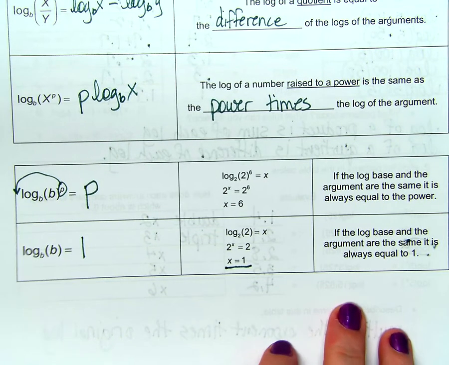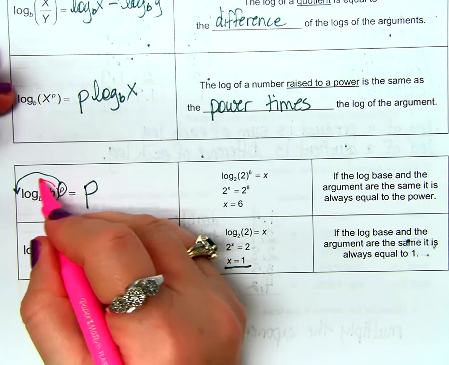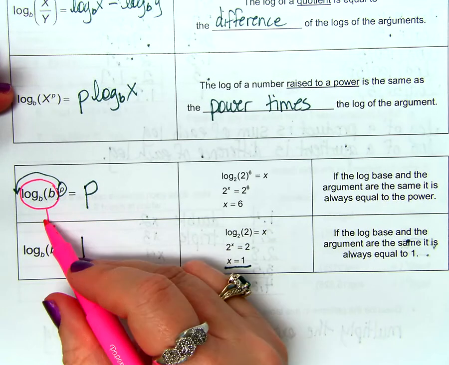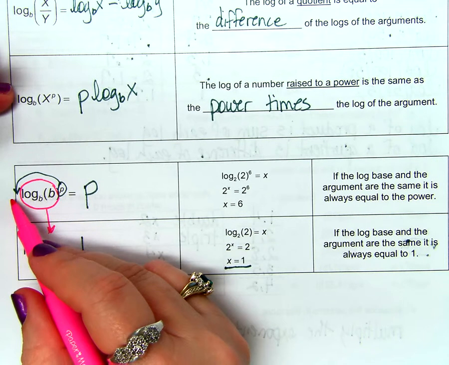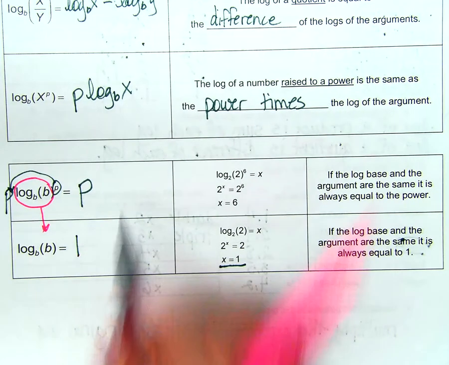Any questions? Ask me. Because this value right here, log base b of b, is what we just figured out was 1. So if I have a p out here in front, p times 1 equals p.